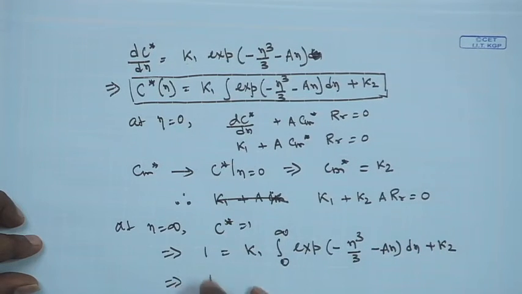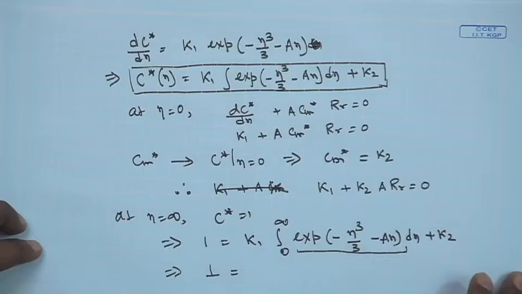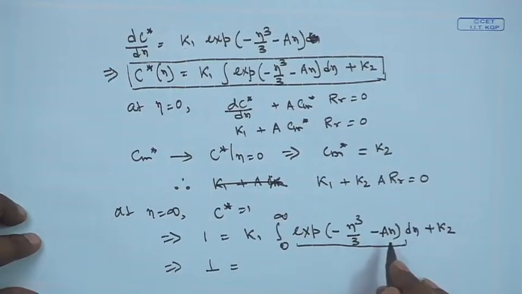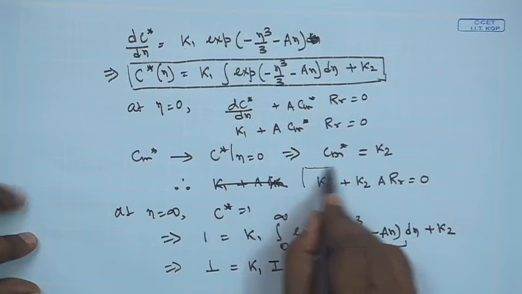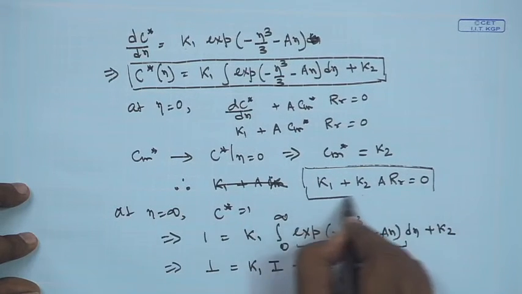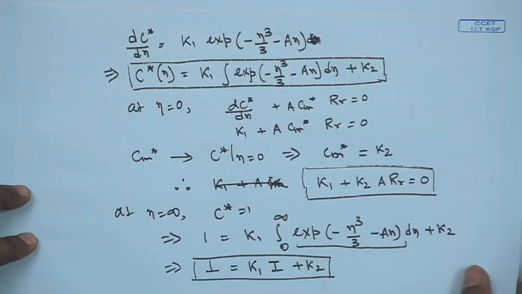This will be a definite integral varying from 0 to infinity if we know the value of a. If you know the value of a, this integral will return some value. So, let us write this integral as I: k 1 I plus k 2. So, I have two governing equations for evaluating k 1 and k 2.